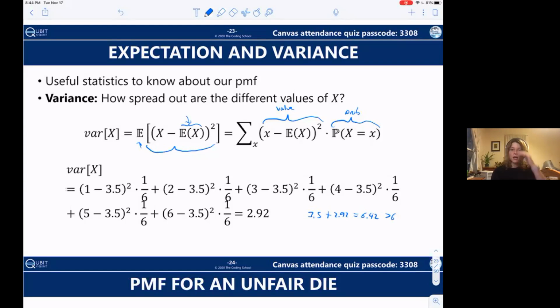Actually, did I do this right? Yeah, that's right. That's completely fine. You can't actually get that value out, but a variance like this would result in some finite probability of getting a value that's not possible to get.